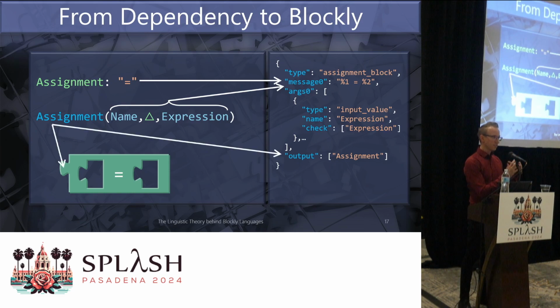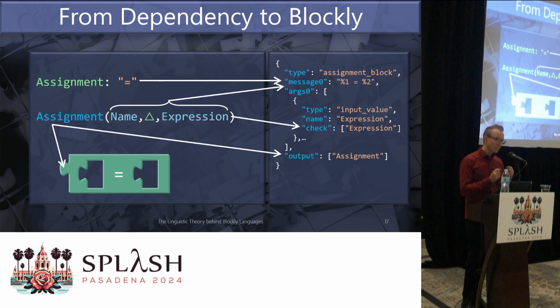And we use the head category as the name of the node type of the output array, and the other category names, the names of the dependents, we use for the node types in the arrays of the connection checking of this block input. So what we see is that dependency grammars really directly model what we want to do in a block editor, and that also this mapping is extremely direct.